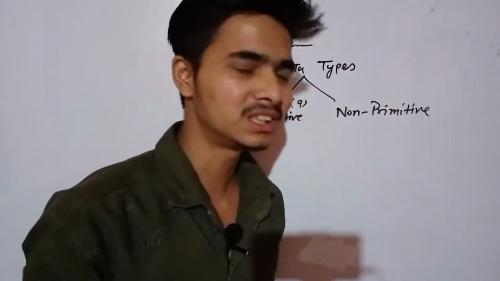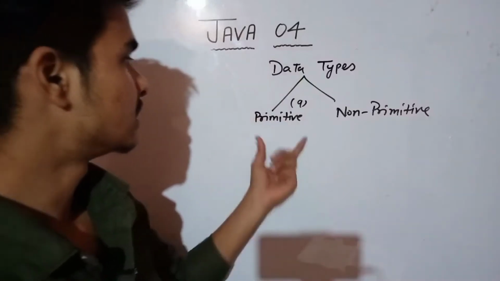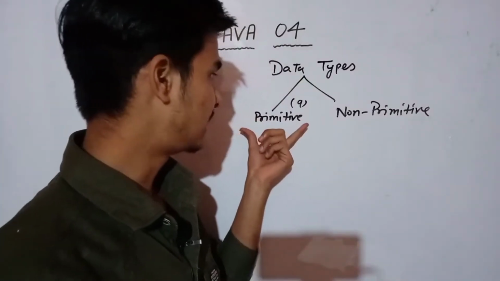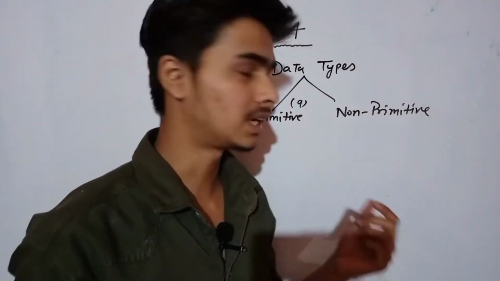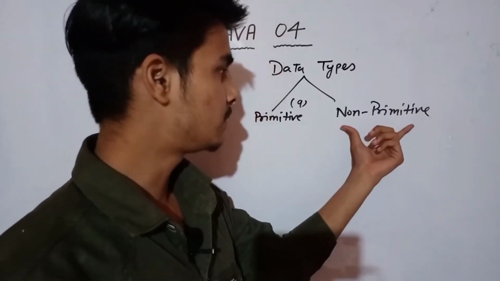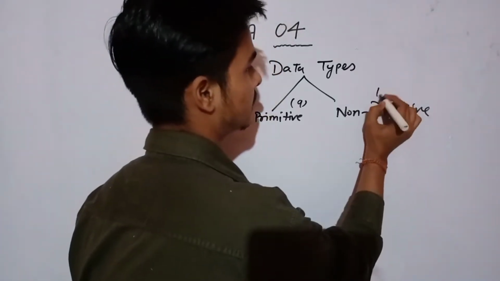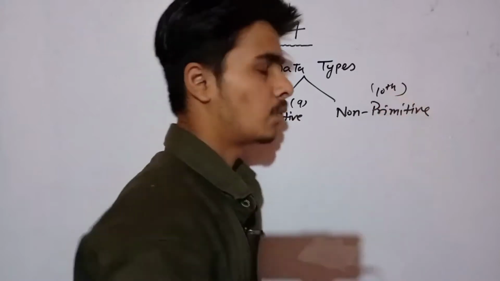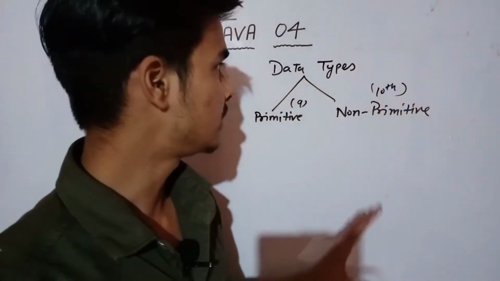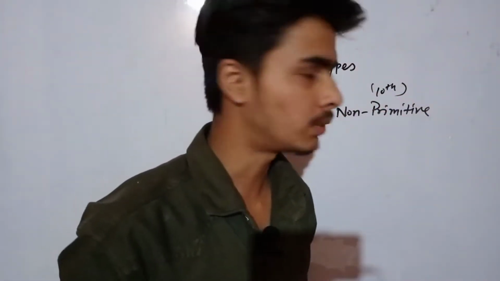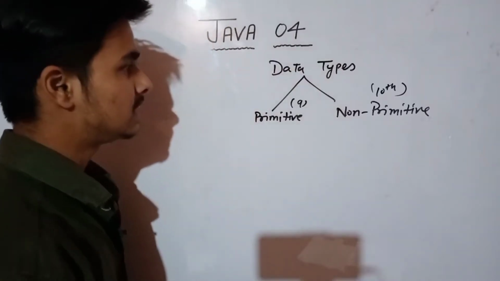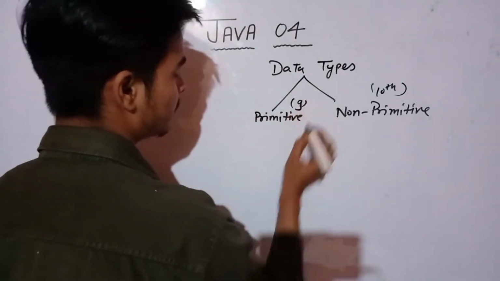Okay, this is not the definition, but I am just telling it to you that primitive data types are for class 9th students, and non-primitive is for class 10th students. When I cover the class 10th topics of Java, then I will teach you about non-primitive. But basically let's understand what primitive and non-primitive are.